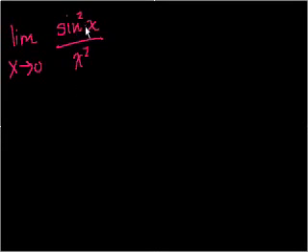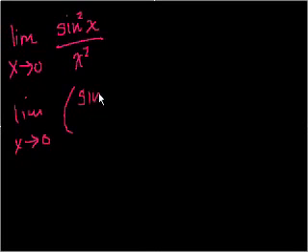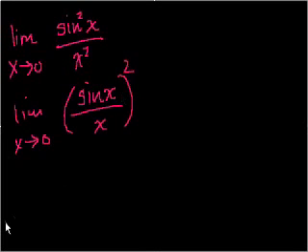This is sine of x, squared, over x squared. So this is the same thing as the limit as x approaches 0 of sine of x over x, all squared, right? If you were to take this out, you'd square the numerator, square the denominator, and you get this.